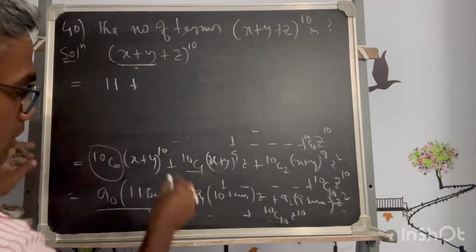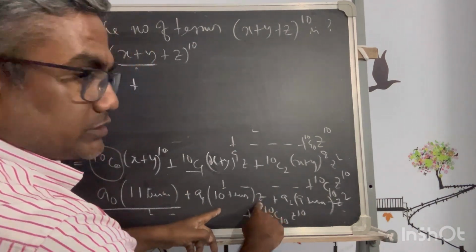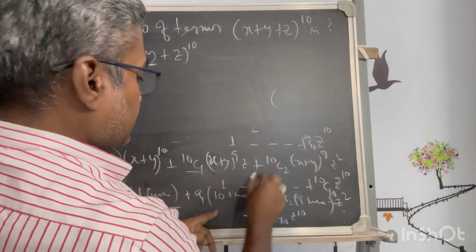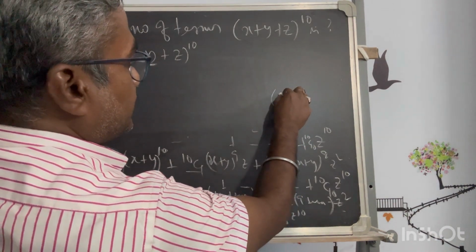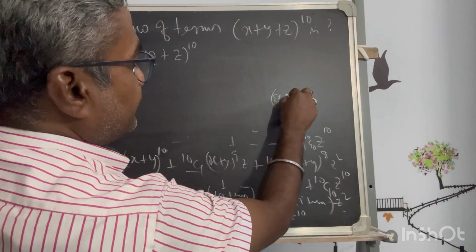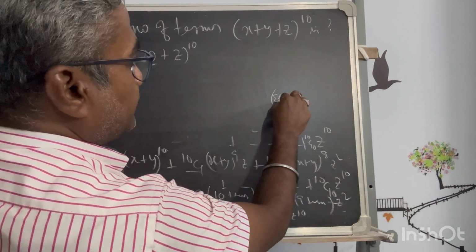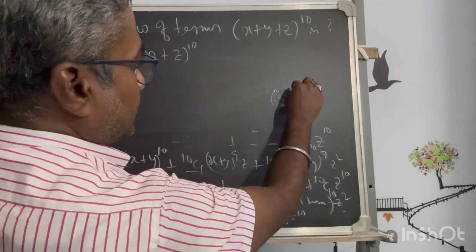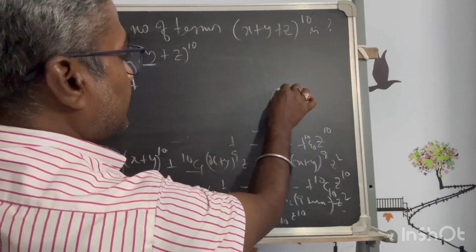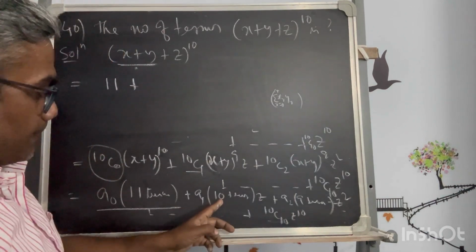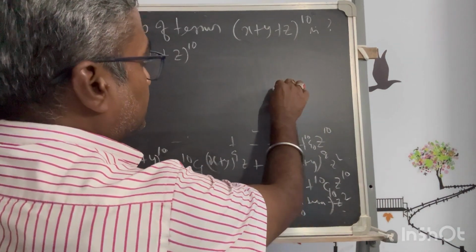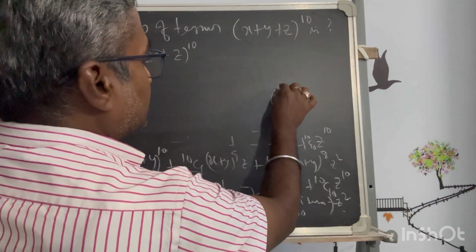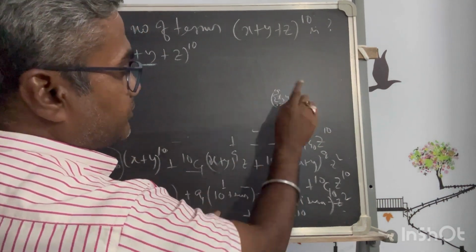Now add to this, how many terms will I get? 10, into some constant. Let's say this is a combination of x and y, the summation of x^r y^r where r runs from 0 to 9. The number of terms is 10.